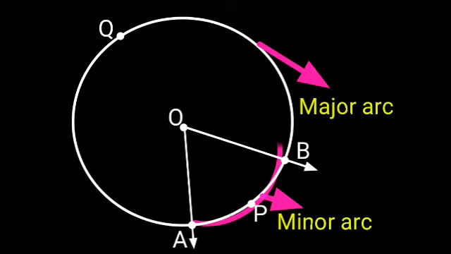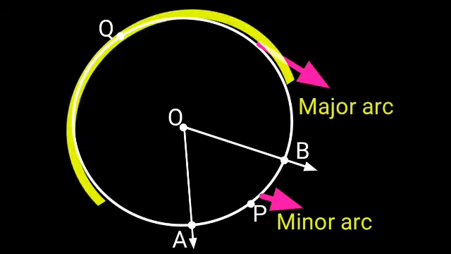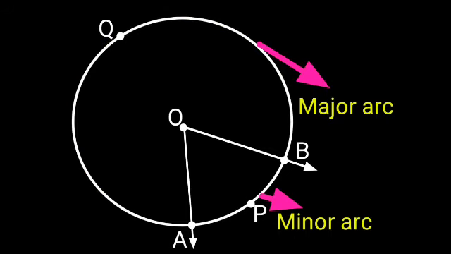Hence, arc AO'PB is a minor arc and AO'QB is a major arc. The minor arc we can also write as arc AB, using the end points of that arc.